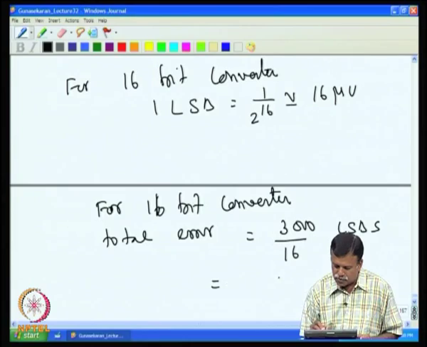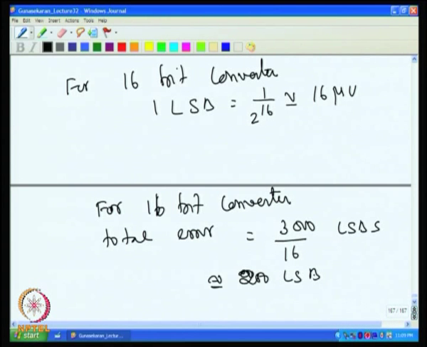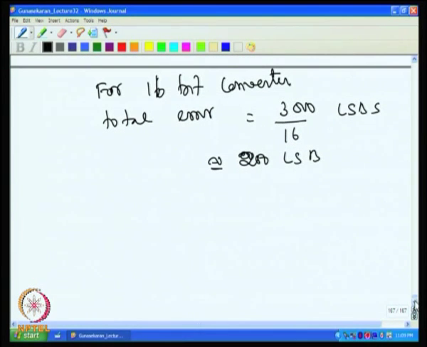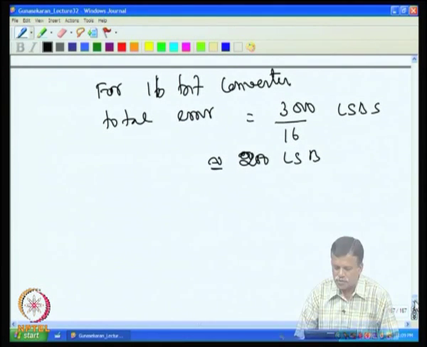That would be equal to nearly 200 LSB error. You see that soon when you go for higher and higher bit converters, even the reference needs to be very stable, otherwise there is no point in claiming 16-bit accuracy if we are using this 30 ppm reference voltage source. So, one had to go for a 1 ppm reference source.